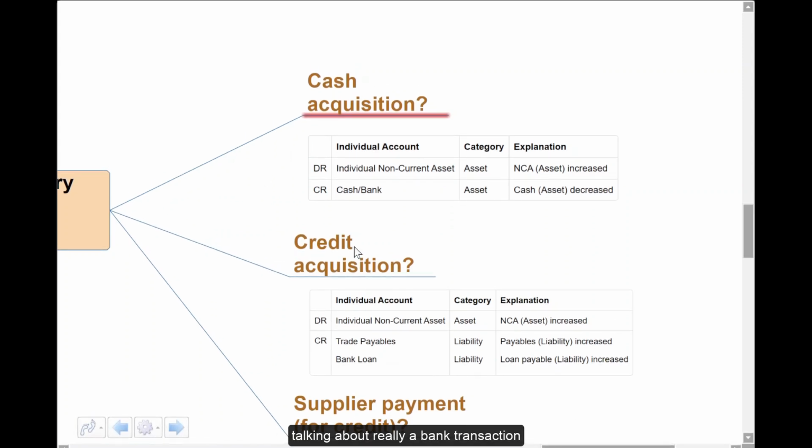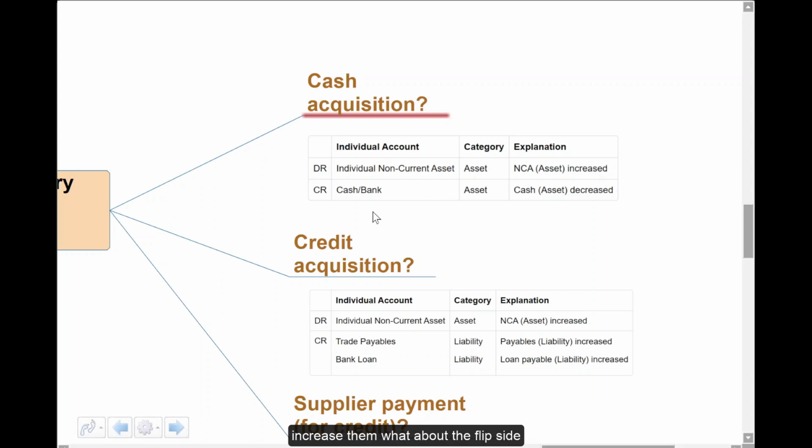I'm talking about a bank transaction. So how do we acquire a non-current asset, let's say a motor vehicle or a large piece of equipment, for cash? Well, we debit the individual NCA account, in other words, the asset. We increase the asset. Remember from our double entry rule, debit assets and expenses to increase them.